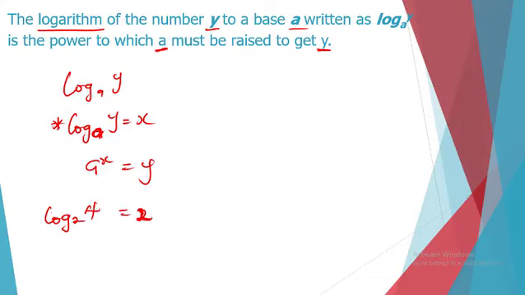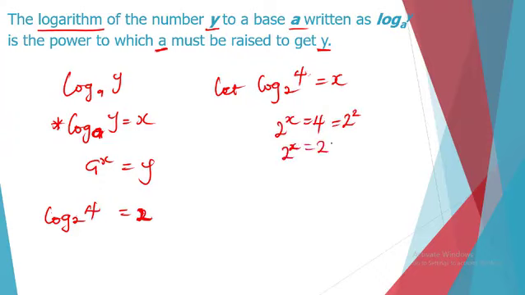Because 2 raised to power 2 is what will give us 4. Let log 4 base 2 be x. Remember, when we have something like this, we say 2 raised to power x is equal to 4, and this is equal to 2 raised to power 2. So 2 raised to power x is equal to 2 raised to power 2.